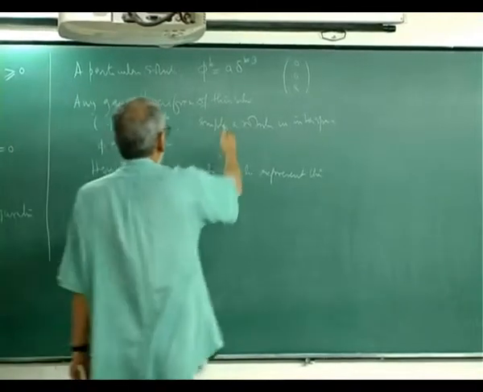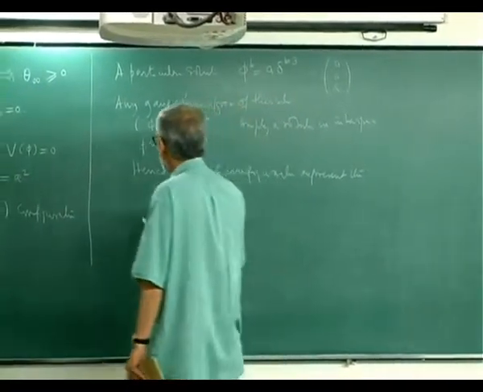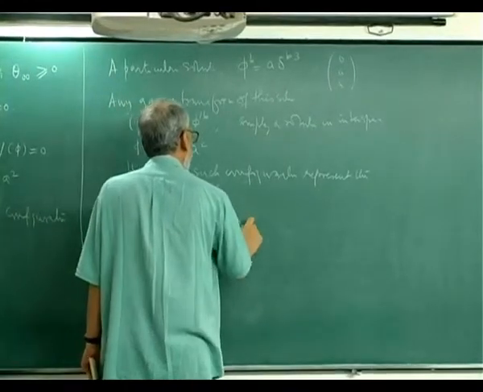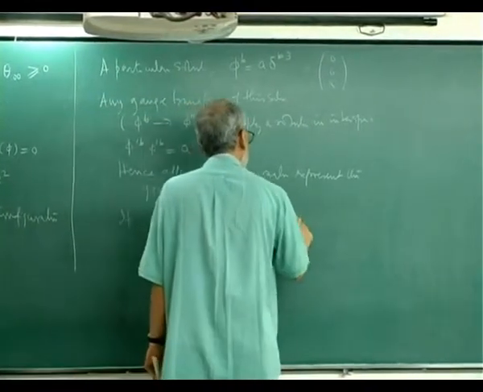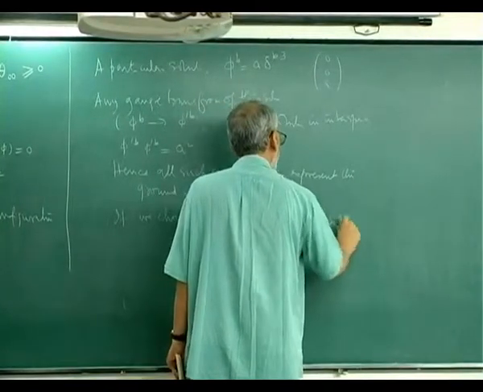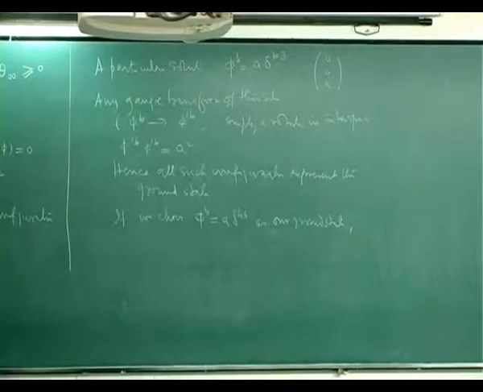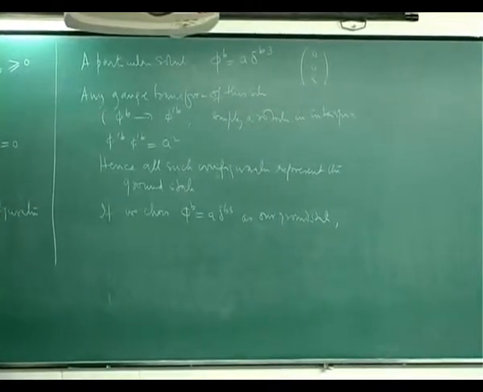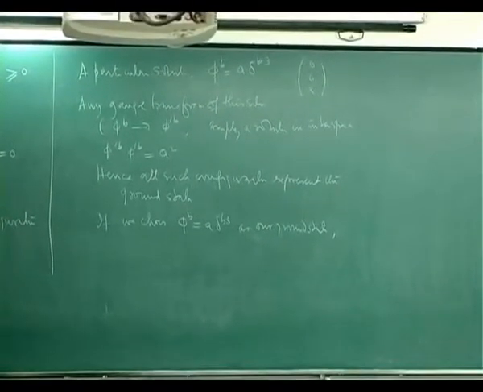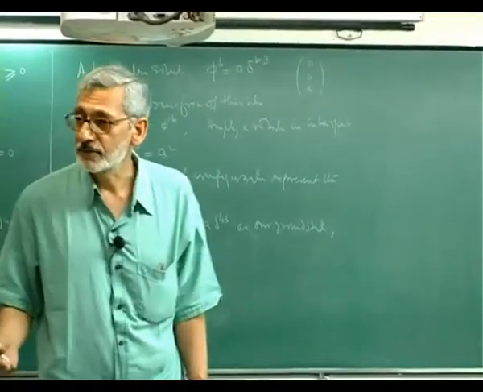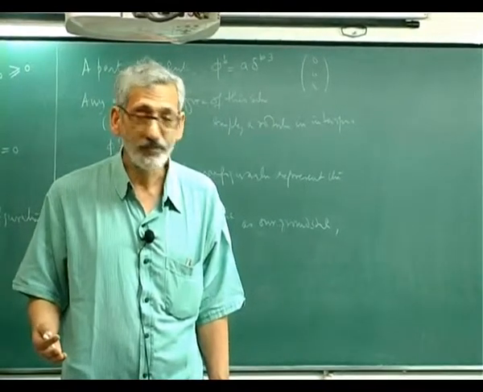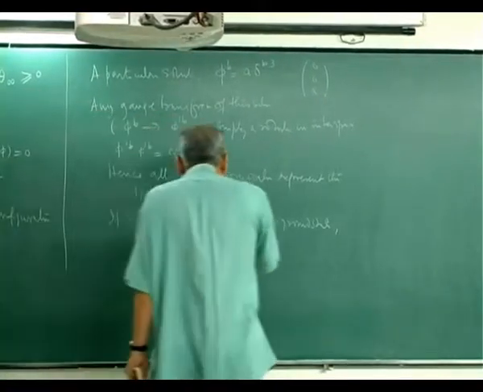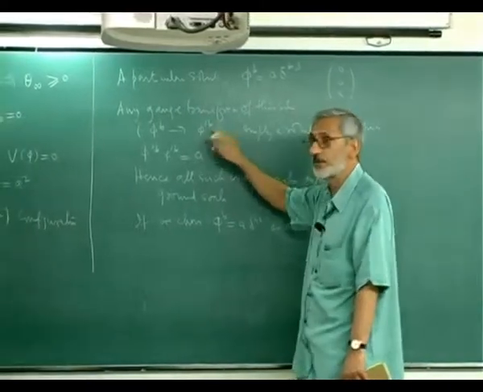In particular, I could just choose this one. So if we choose phi b equal to A times delta B3 as our ground state, and then study the dynamics of various fields around this ground state, that dynamics would not have the full SU2 gauge invariance, because this object on its own is not gauge invariant. Under gauge transformation, it changes to phi b prime.